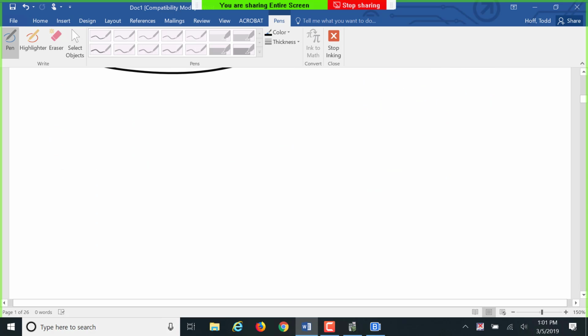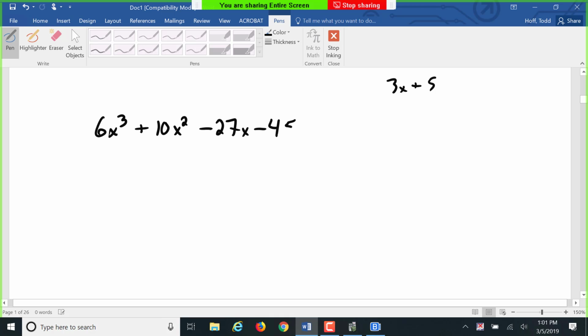Well, let's look at another example. So when I look at this, is there any number, is there any common factor that goes into all four of those terms?